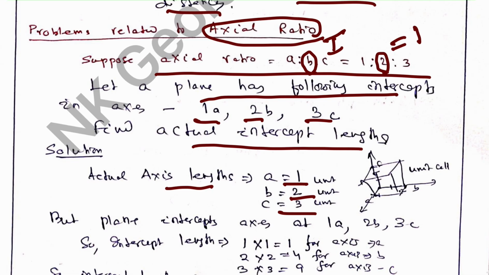But the plane intercepts are 1A, 2B, 3C.